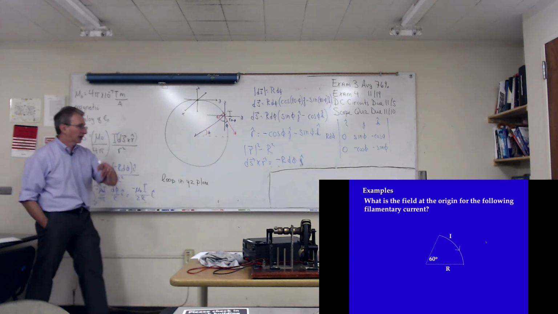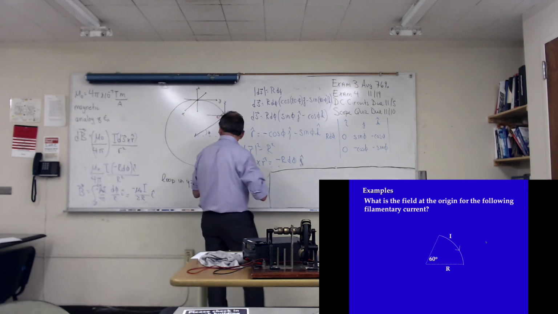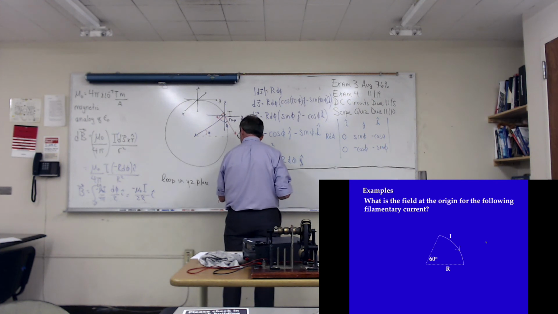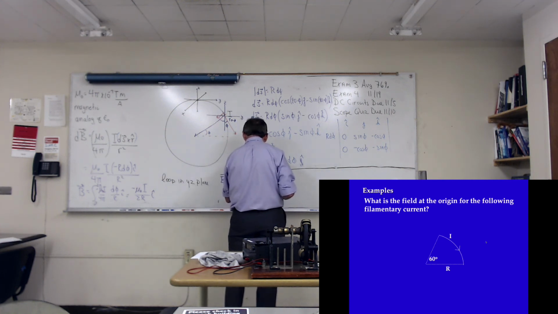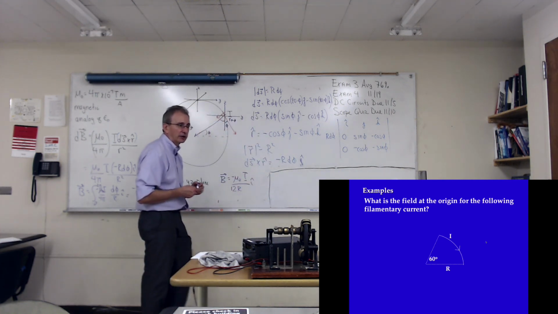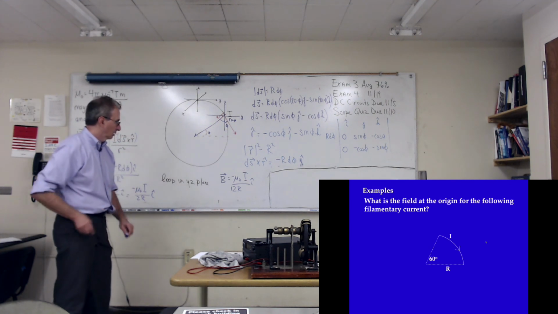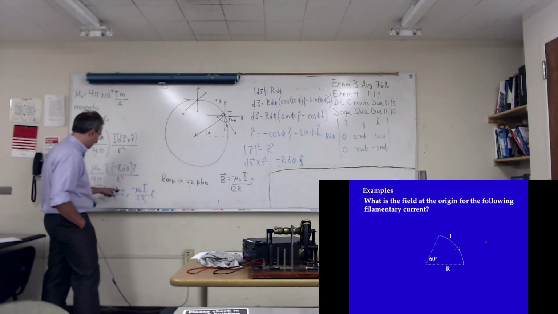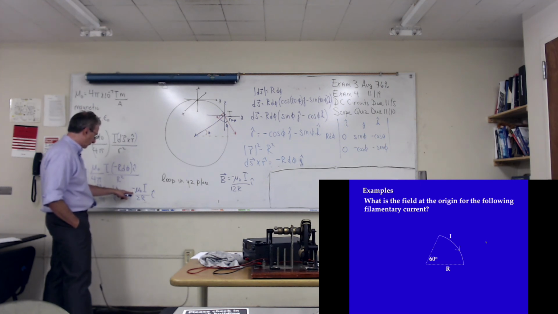And then in this particular case, I'm going to get B is minus mu naught I over 12r i hat, if I say i hat is into the board. Because in this particular problem, I go through the whole same process, and I just have 1/6 of the circle.